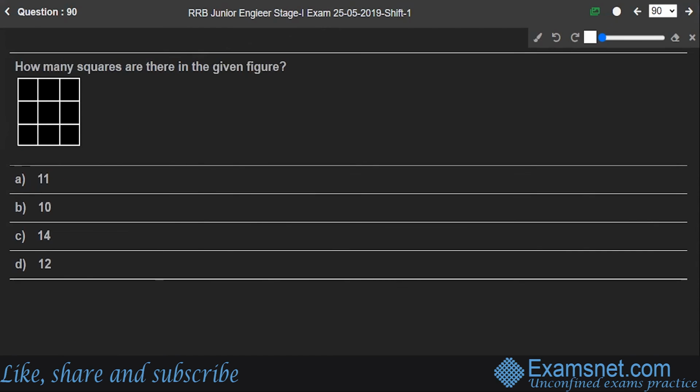You have to tell the number of squares in the given figure. Let's understand this. 1, 2, 3, 4, 5, 6, 7, 8, 9. So you have these 9 squares. Now look at the squares very carefully.